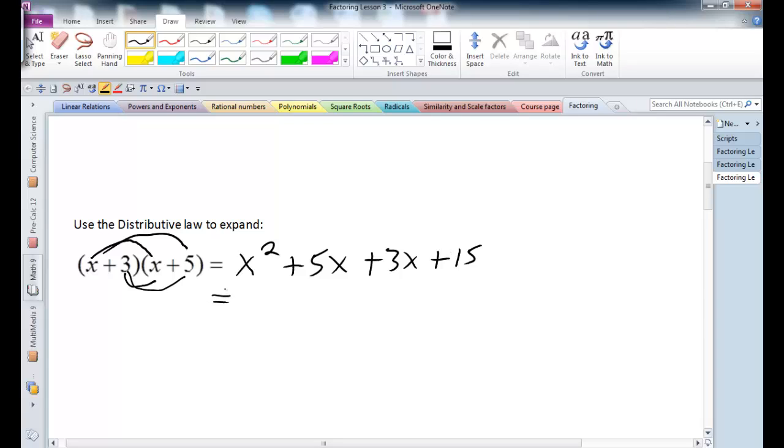You know from our polynomials unit that we can collect up the like terms, and we get x squared plus 8x plus 15.